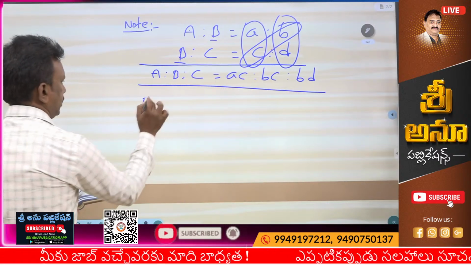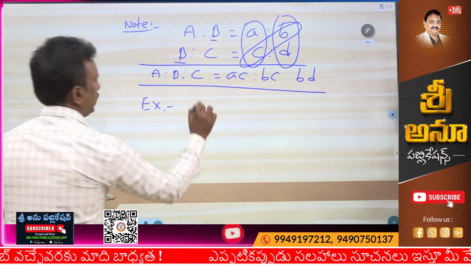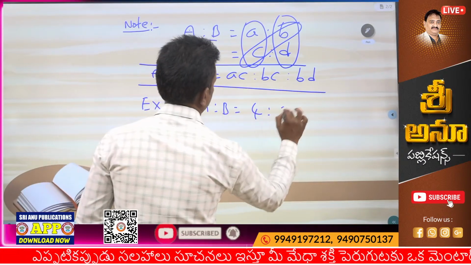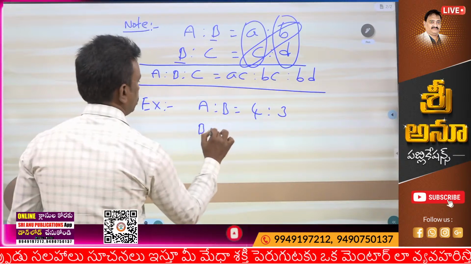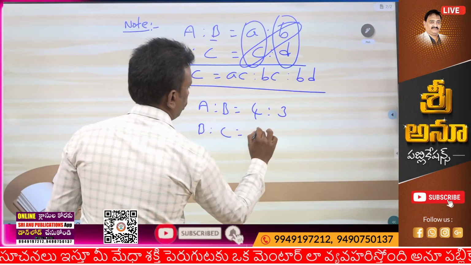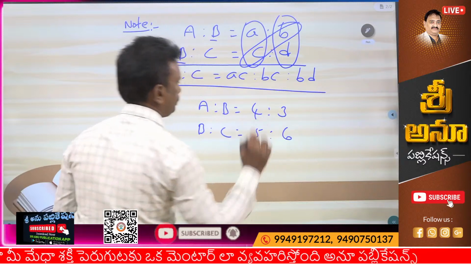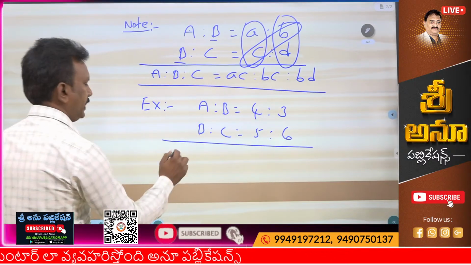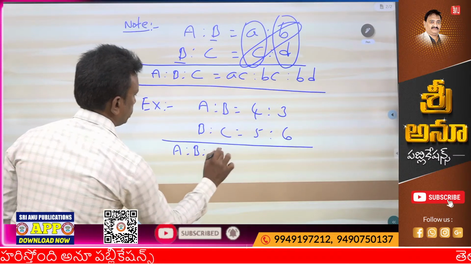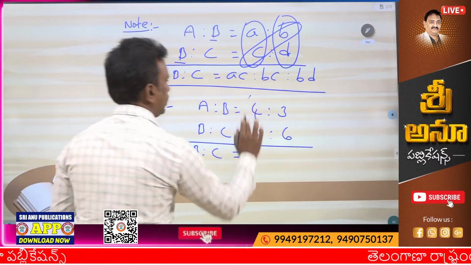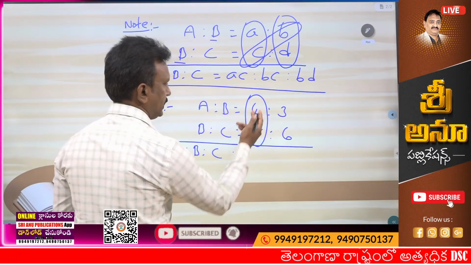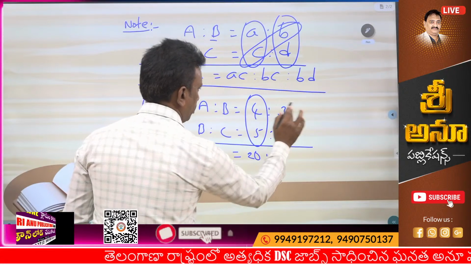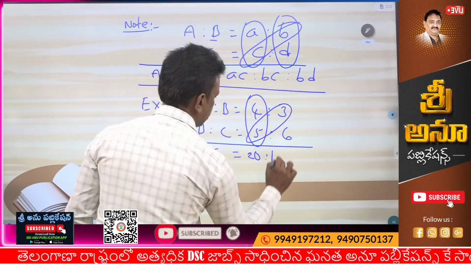So let us check one example. A is to B is equal to 4 is to 3, and B is to C is equal to 5 is to 6. Write the continuous ratio between A, B, C. A is to B is to C is equal to the multiplication of the first two: 4 fives are 20. The multiplication of the middle: 3 fives are 15.